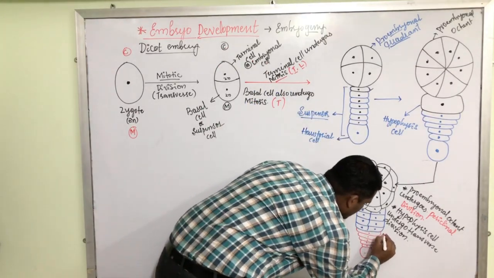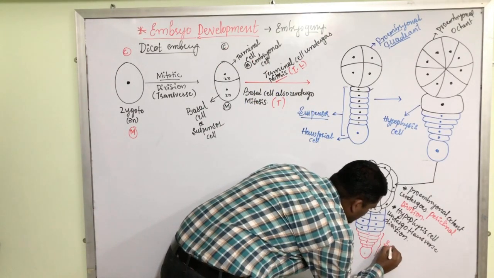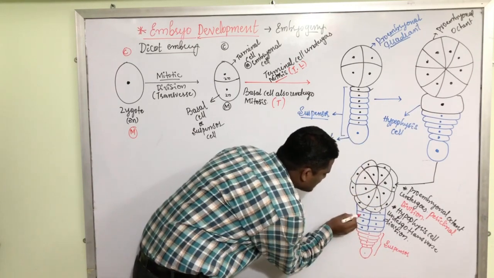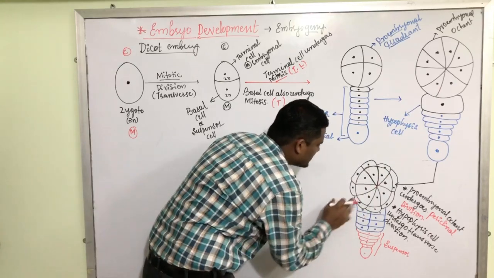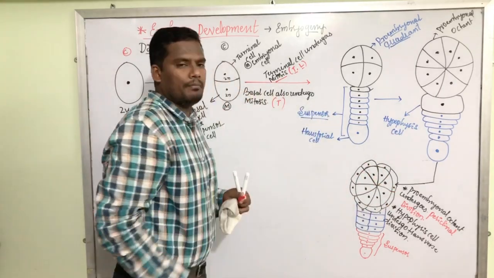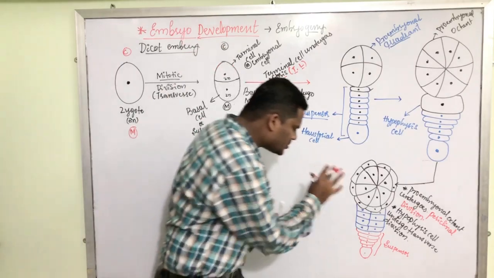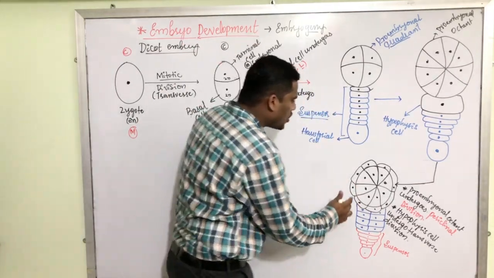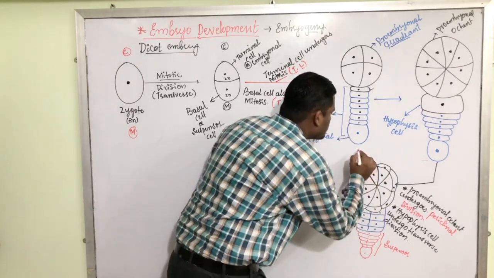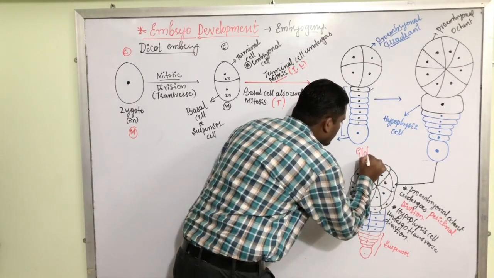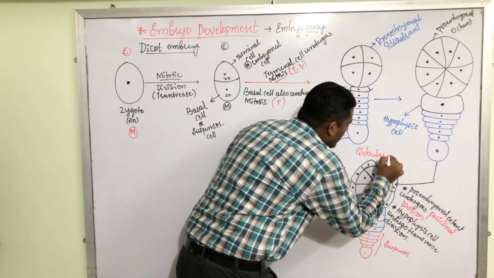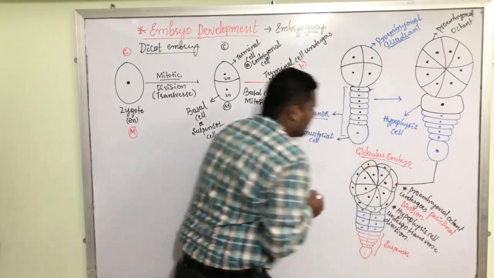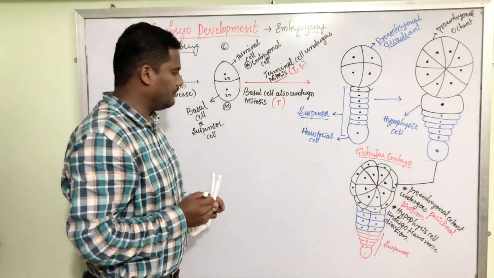This is the suspensor, and these cells are hypophysis cells, and this is the pro-embryo. At this stage of embryo development, it is called the globular shape of embryo. Globular embryo. This shape is called globular embryo.